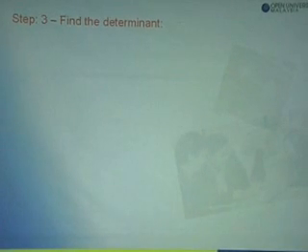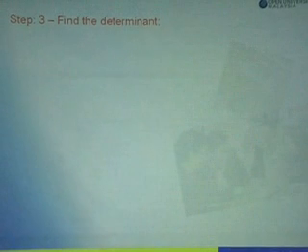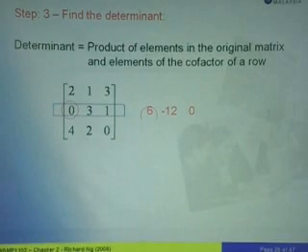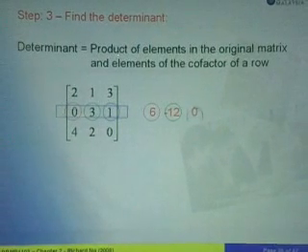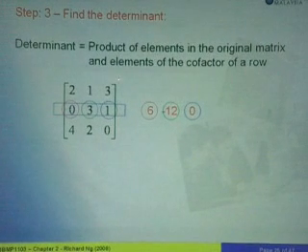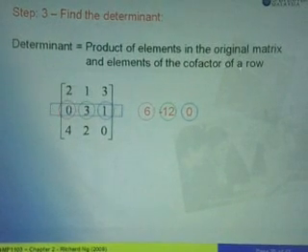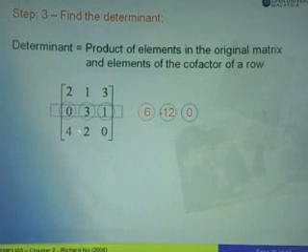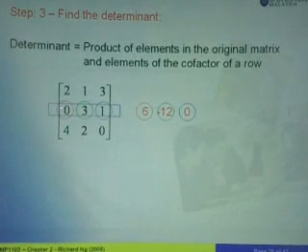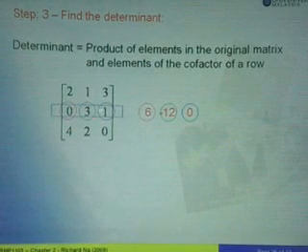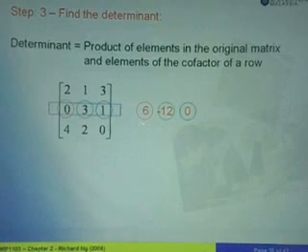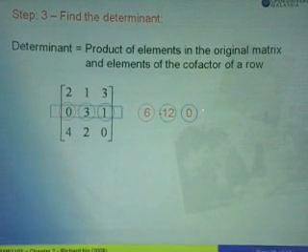So from here, we will now proceed to find the determinant of Q. As I said earlier, the determinant is equal to the sum of the products of the elements in the original matrix and the elements of the cofactor in the same row. So we take the original matrix in row 2, which is 0, 3, 1, and this is the cofactor in row 2.